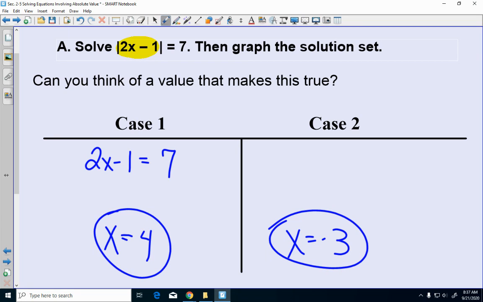Allison, you weren't actually trying to make the 2x minus 1 equal to 7. You were trying to make it equal to... No. You told me the answer was going to be -3, right? But what value was the expression actually equal to? It wasn't equal to 7.